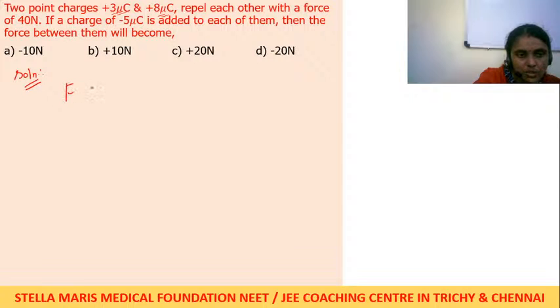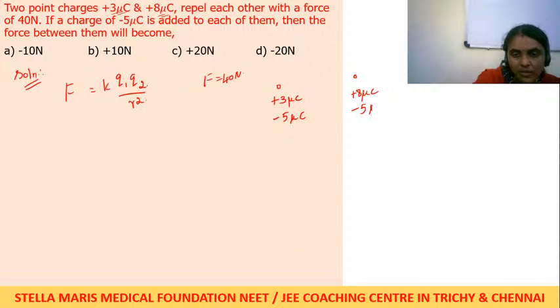So we know the force formula is K into Q1 Q2 divided by R squared, okay? See here, this is one particle having 3 mu C and another particle having 8 mu C. The force is 40 Newton here, and after that minus 5 mu C charge is added to this charge and also to this charge, okay?